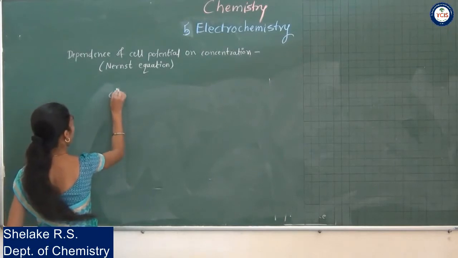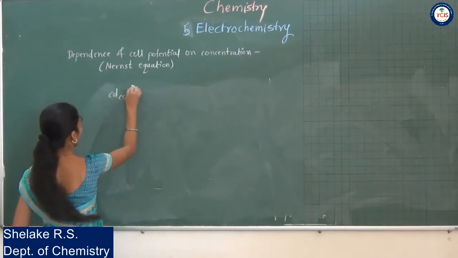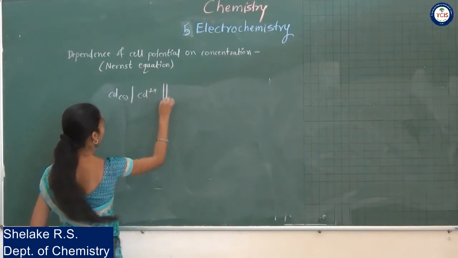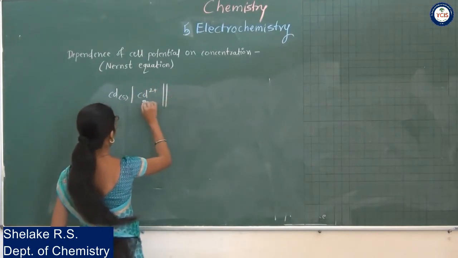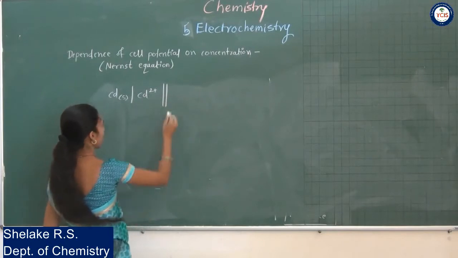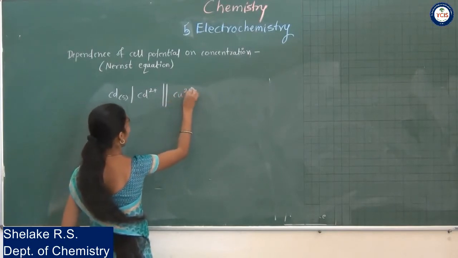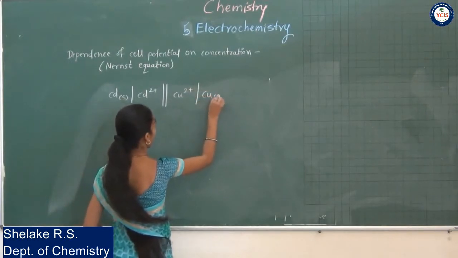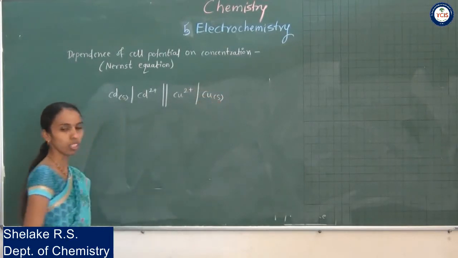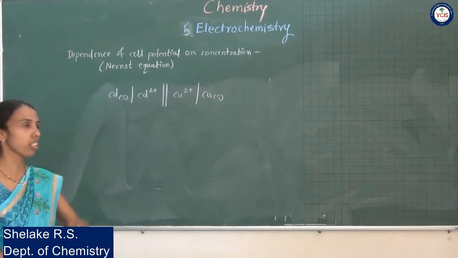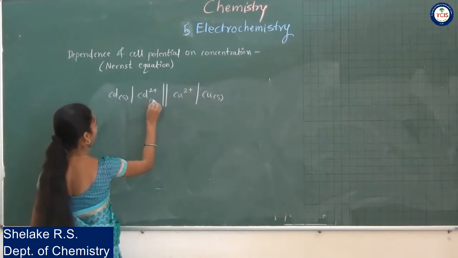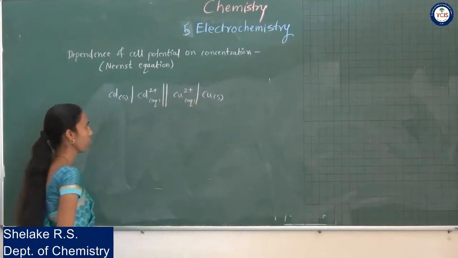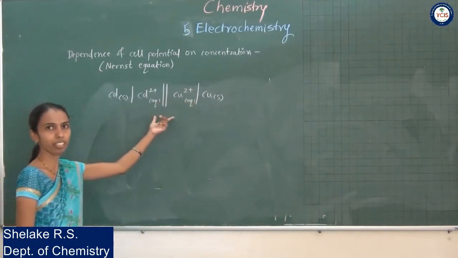Suppose cadmium in a solid state is converted into cadmium ion, that is Cd2 plus. At the cathode there is copper. Now see here, suppose this is the cell given to you. These solutions are in the aqueous state. Now this is the cell formula given to you.